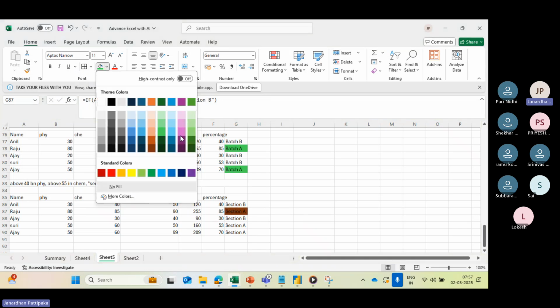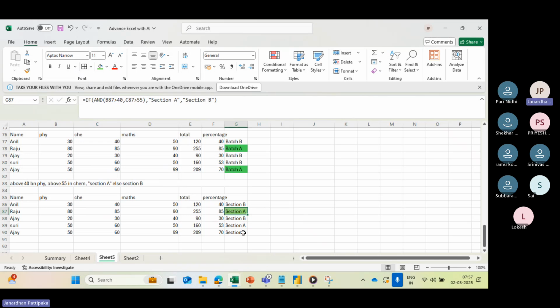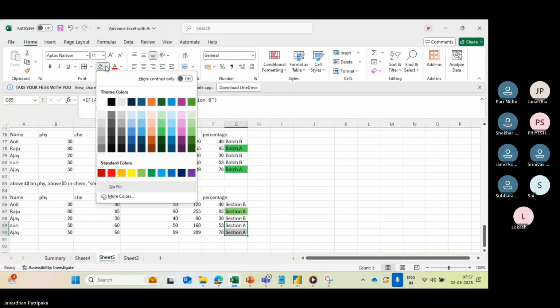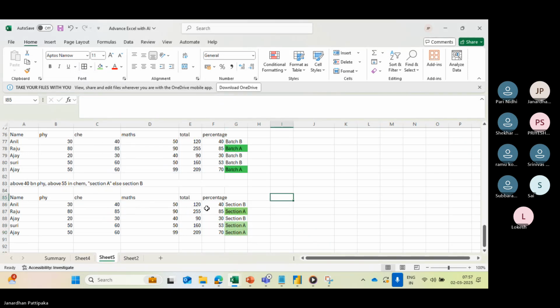That means both conditions are satisfied, and these two persons also. When you look at this person, physics is 80, very good marks, above 40, and above 55. 50 means above 40, and 60 is also above 55, and the person gets section A.